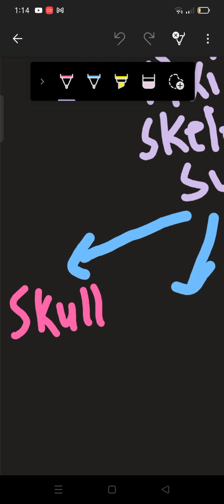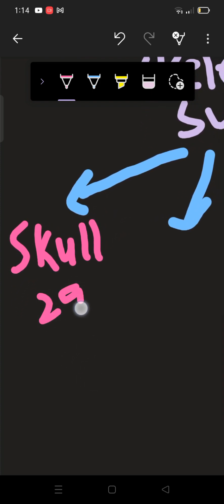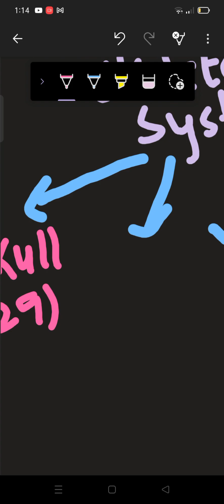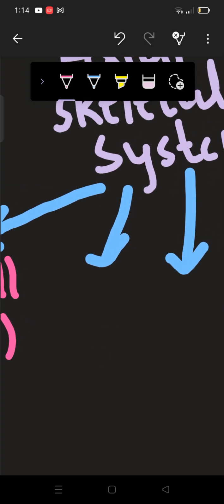Let me tell you that as well. The skull has a total of 29 bones. We'll count these 29 bones. How does the skull make up 29 bones? We'll count that as well, because it is comprised of 4 parts: cranium, hyoid, facial bones and ear ossicles. We'll be counting that in the next video. Don't worry about that. So the first one is the skull. The second one which we have is the vertebral column.